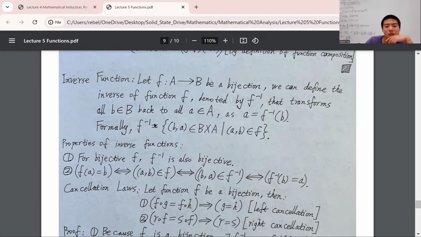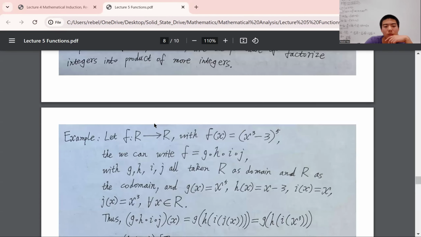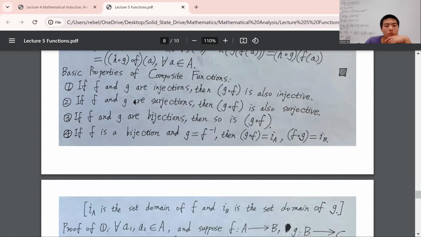And by using this fact, we can review the fourth property of composite functions. If f is a bijection and g is equal to the bijection's inverse, that is, g equals the inverse of f, then g composite with f is I_A, and f composite with g is I_B, where I_A is the identity on the domain of f, and I_B is the identity on the domain of g.